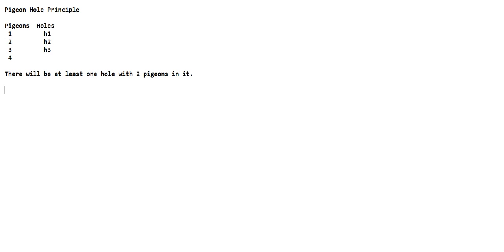So what is the pigeonhole principle? The principle is, suppose we have m items, the items being the pigeons, and n containers, the containers being the holes, where m is greater than n, so the pigeons are more than the holes.